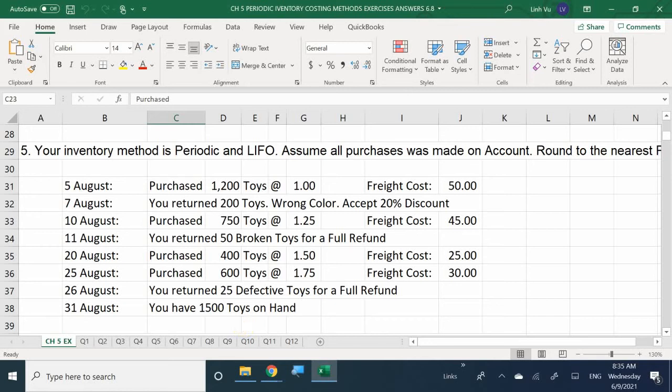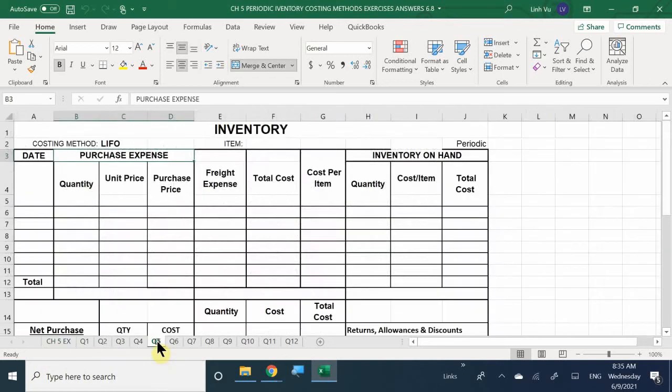So here we're starting off with a new period, so there's no beginning inventory here. As of August 5th, we decided to purchase 1,200 toys at $1 each with the freight costing $50. So once again, we're going to start on a brand new worksheet because even though we're starting a brand new period, the idea here is that I want to teach you how to compute the rest of the inventory.